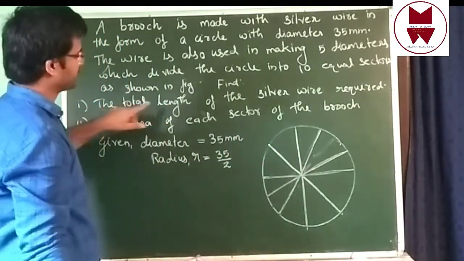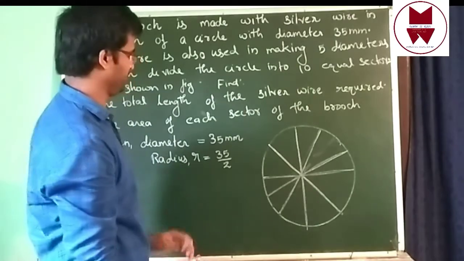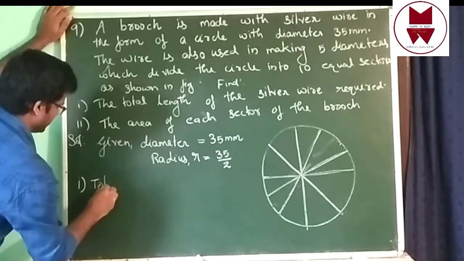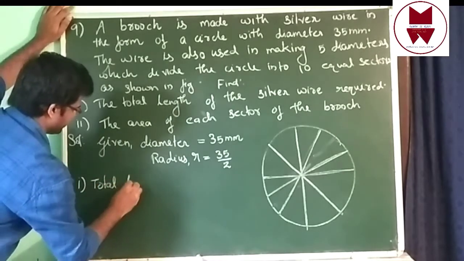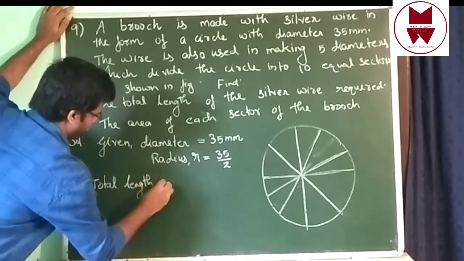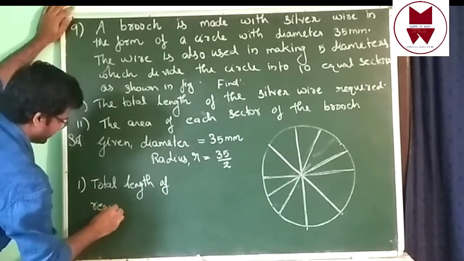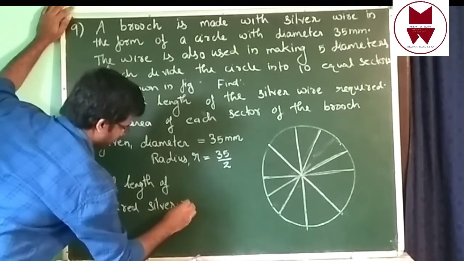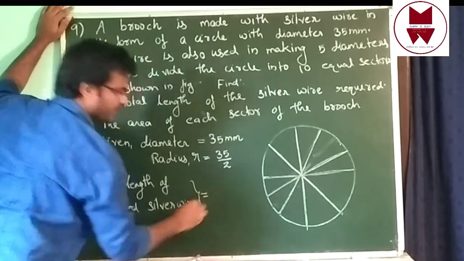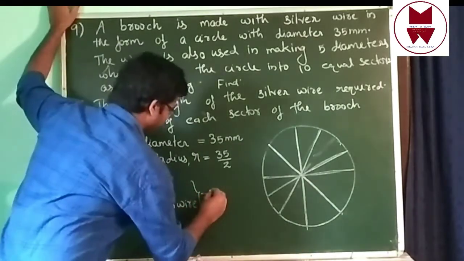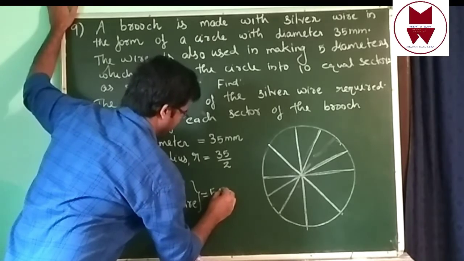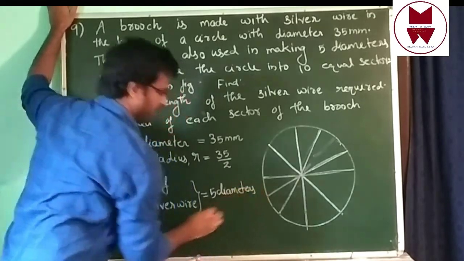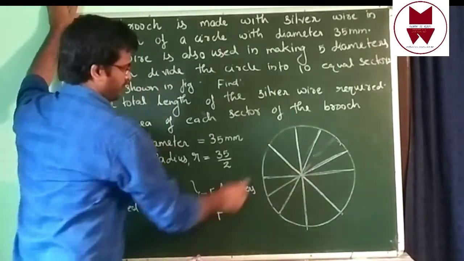First question: the total length of silver wire required. That is our first question. You can write total length of required silver wire. You can write 5 into diameter, 5 diameters, plus only the diameter we will consider.